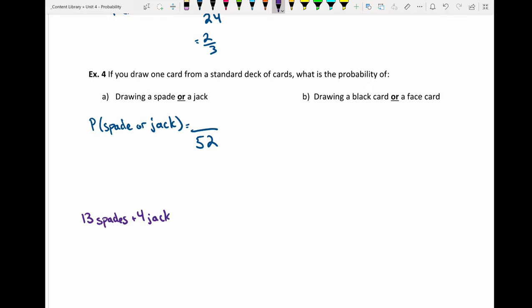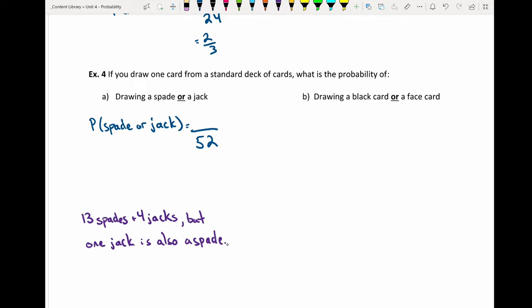So you may think, okay, there's 17 options right there, so it's going to be 17 out of 52. But what you have to consider is that 1 jack is also a spade.